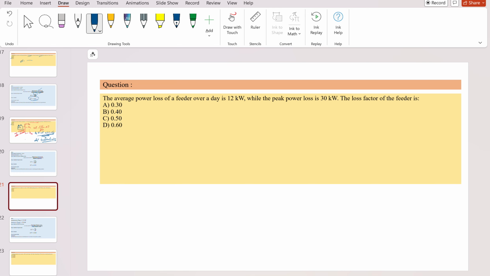Try to solve this. You have to find out the loss factor of the feeder. Option B, I got one answer. Option B. Others also try to solve.